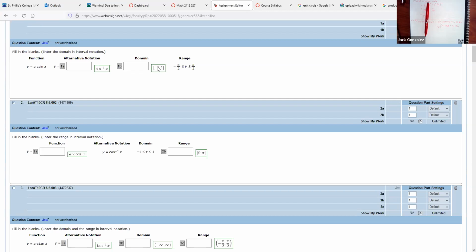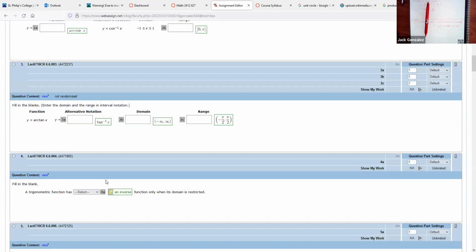So you're supposed to write it like this. If they say interval, they just want the brackets and parentheses. If they say set builder or something like that, they want the less than or equal to. But I think they're not gonna ask that. I'm 95% sure it's only gonna be interval. I don't think anything else is gonna come up.